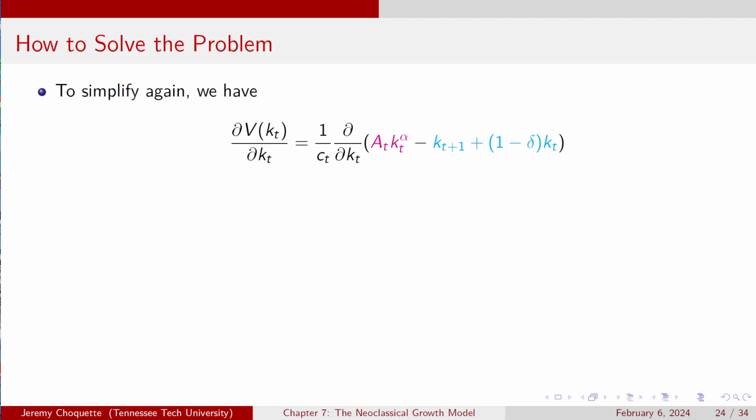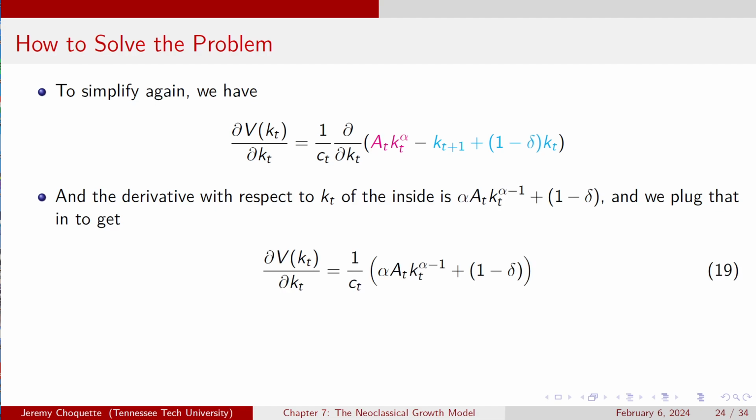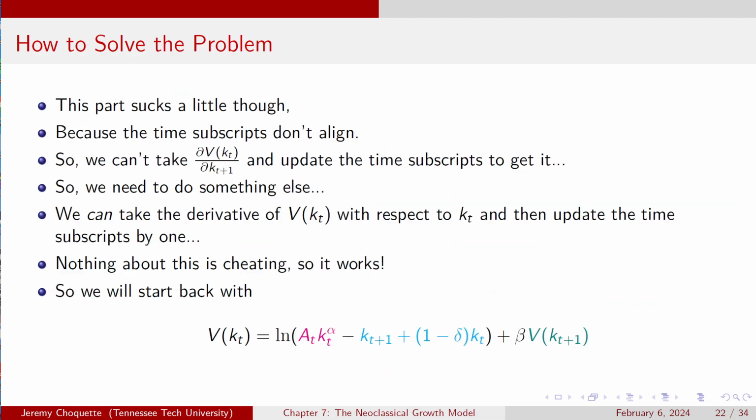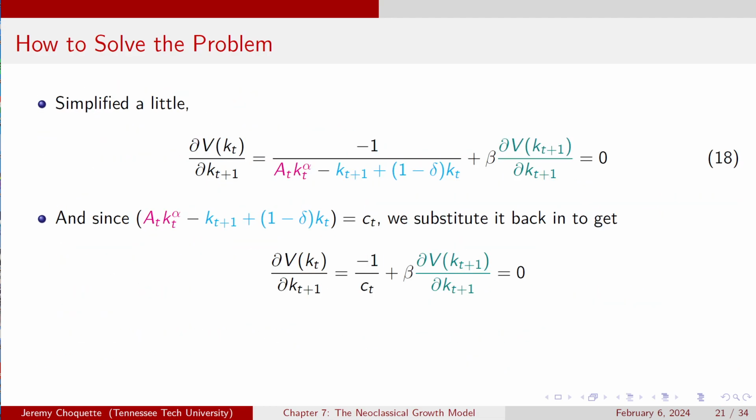V of kt with respect to kt. Right? Equation 19. But if I just add 1 to every t subscript I see, I update it 1 period essentially. Boom. That gives me equation 20, which is what we had in our first order condition right here.